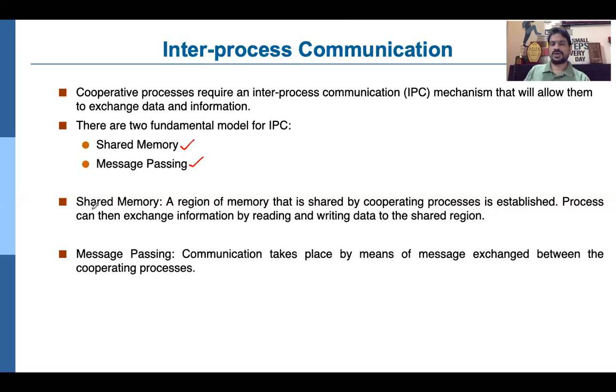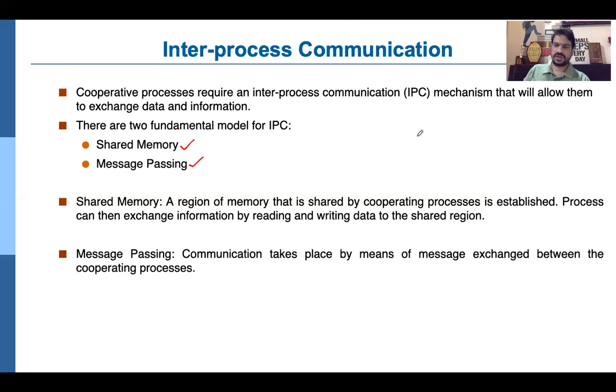So let's talk about shared memory first. Shared memory is a region of memory that is shared by cooperating processes and is established. So one shared memory is shared by cooperative processes, and in that way they can establish communication between the two processes. Processes can then exchange information by reading and writing data in the shared memory.